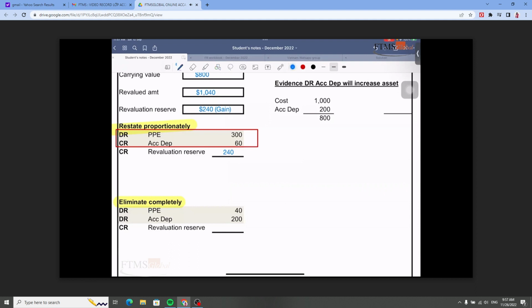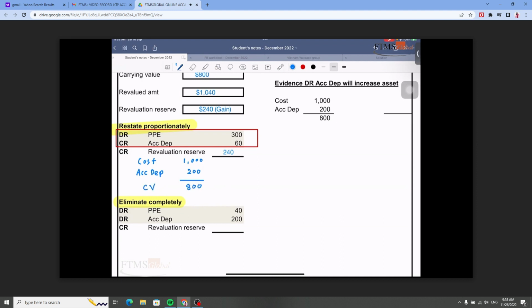From the question, we all know the cost is 1,000. Accumulated depreciation is 200. Therefore here I will have a carrying value of 800.